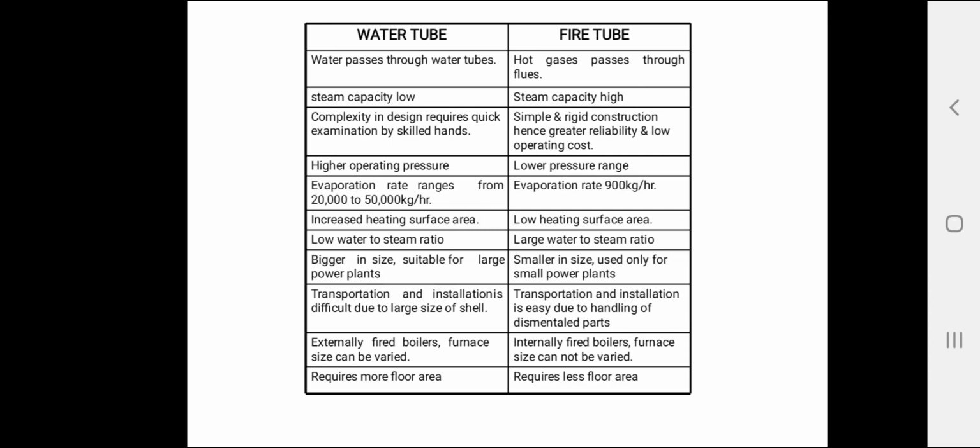The evaporation rate ranges from 20 to 50 kg per hour in one case, and in the fire tube boiler the evaporation rate is 900 kg per hour.